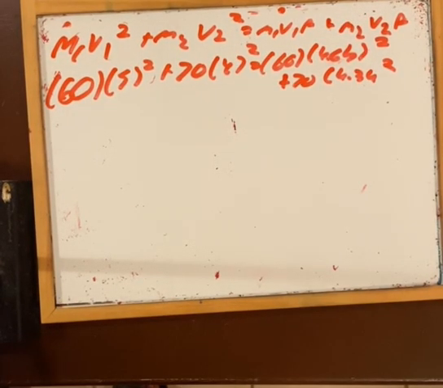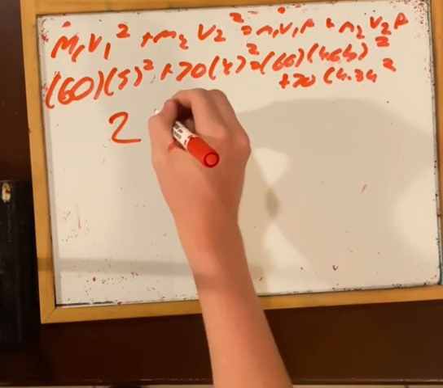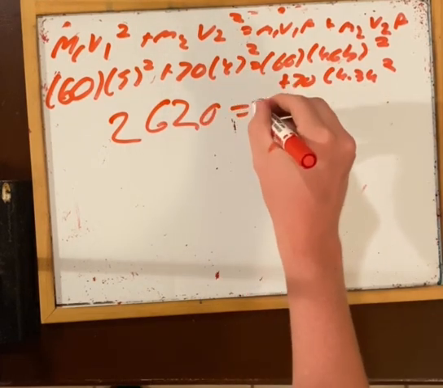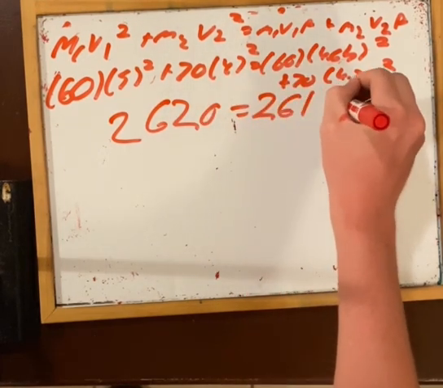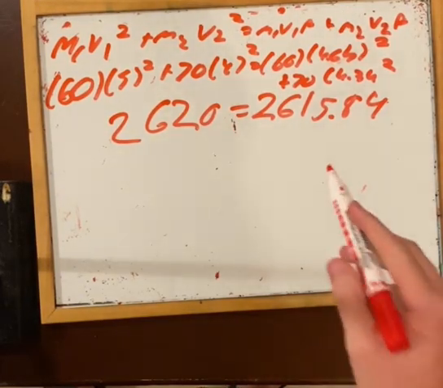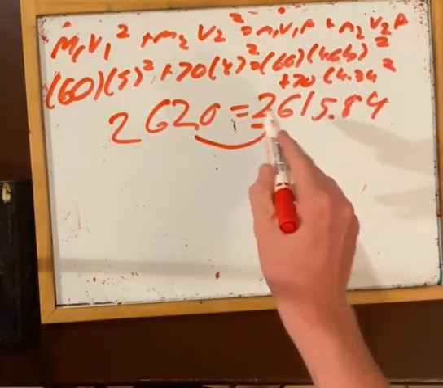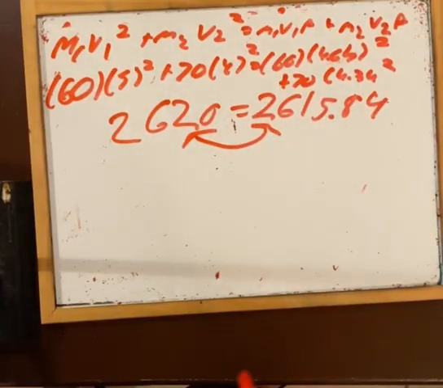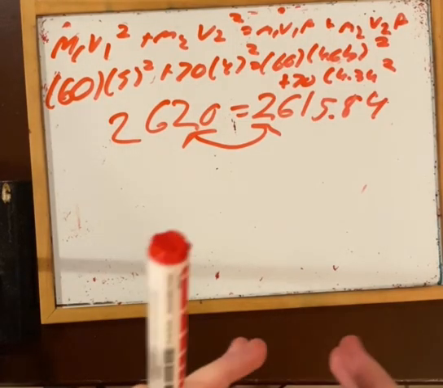And then that gives us 620 equals 2615.80. So even though these two aren't exactly the same number, it's still close enough for it to be verified, for it to be marked as correct.